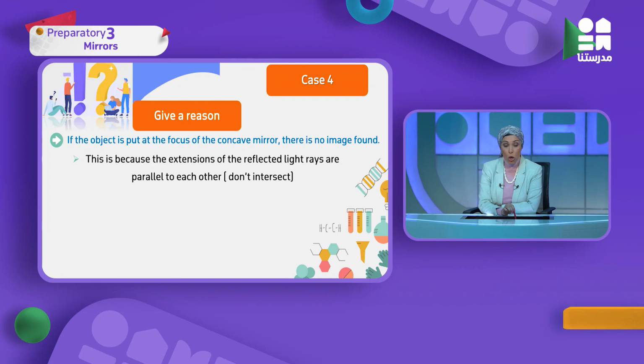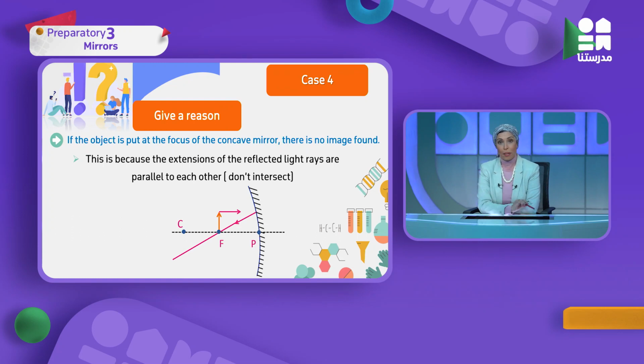It says this is because the extension of the reflected rays are parallel to each other and don't intersect. Of course, we won't understand anything of what we are saying. Why? We have to draw it to understand. Here is the object placed on the focus. This is the first ray coming down on the reflecting surface. It will reflect passing by the focus.